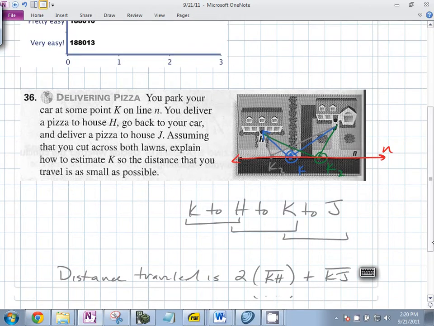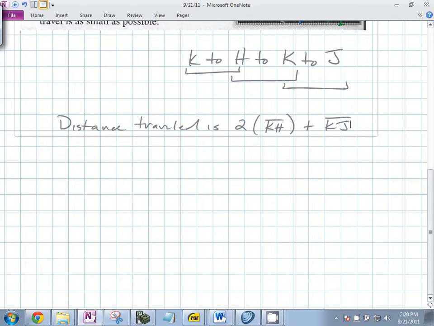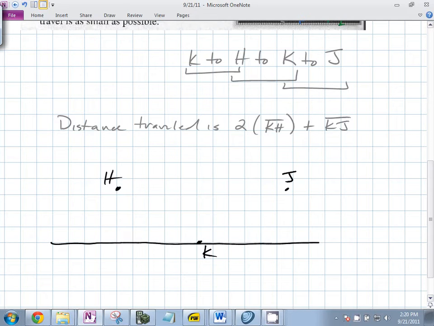But if we assume both houses are the same distance from the road, we can actually summarize this. We have H, we have J, which I'll move up a little, and we have K. Do you agree with that? Mm-hmm. And what do we know? This could be the x-axis.